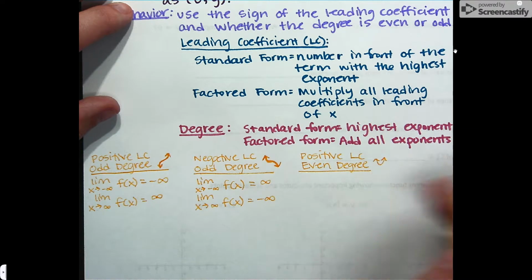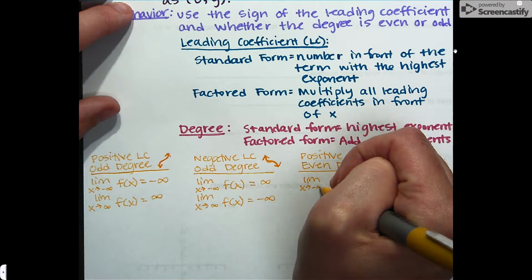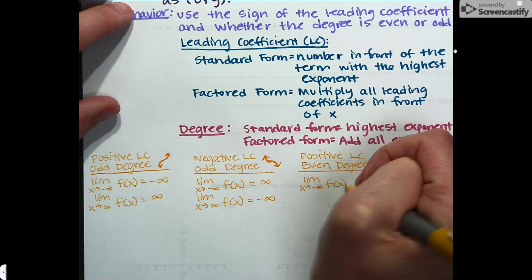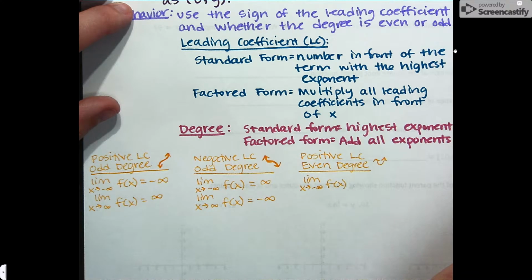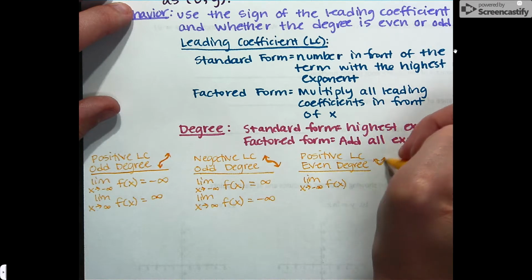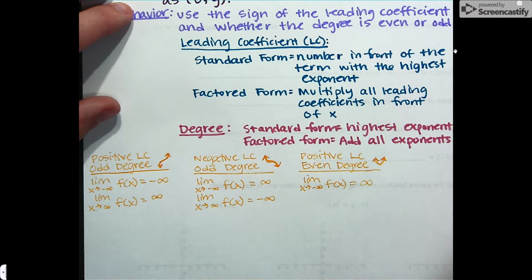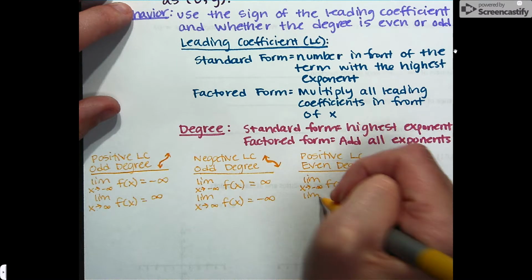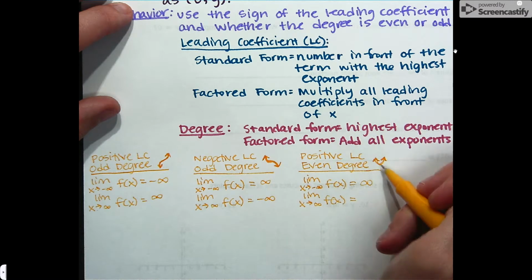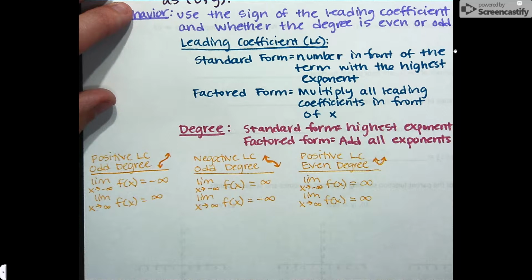Positive is going to be facing up. So the limit as x approaches negative infinity of f of x, to the left, that graph on the left is pointing up to positive infinity. And then the limit as x approaches positive infinity of f of x. So as I go to the right of that quadratic, the graph is still pointing up to positive infinity.